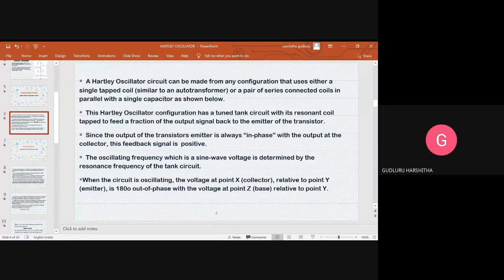Since the output of the transistor's emitter is always in phase with the output of the collector, this feedback signal is positive. The oscillating frequency, which is the sine wave voltage, is determined by the resonance frequency of the tank circuit. When the circuit is oscillating, the voltage at point X relative to point Y is 180 degrees out of phase at point Y.